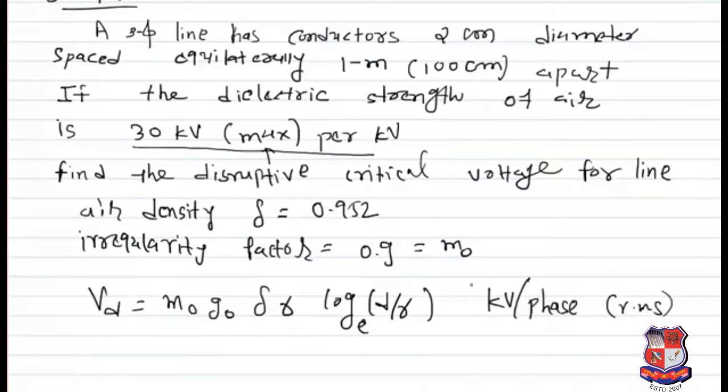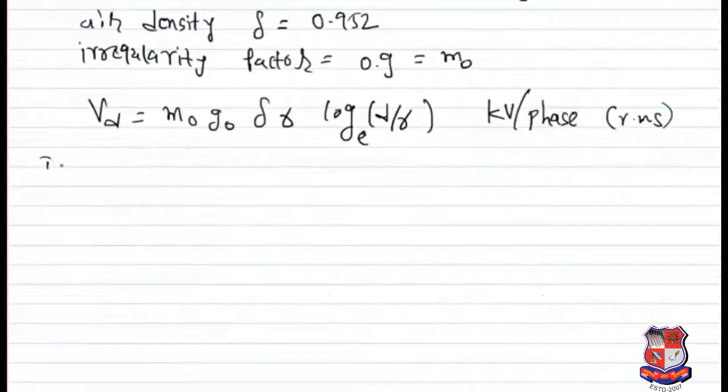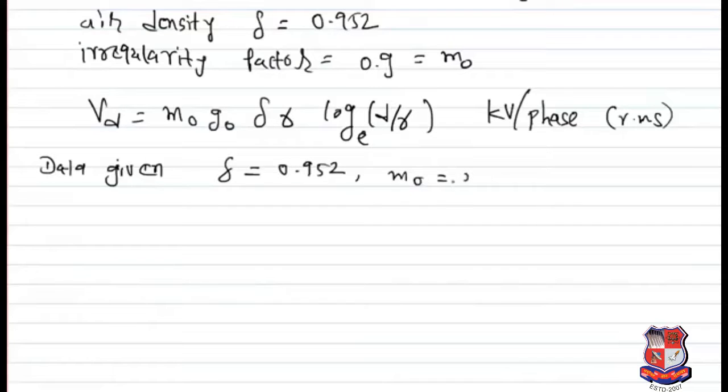Now what are the data given? Delta is given, 0.952. m0 is given, which is 0.9. r is given. What is the r?